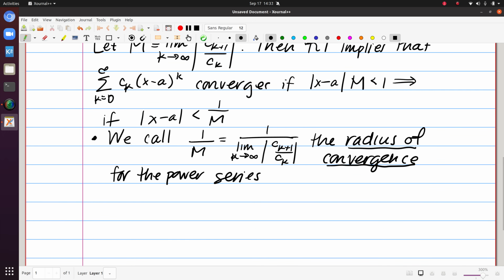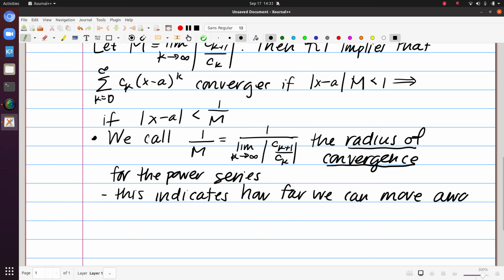We'll think about this when we look at examples, but thinking of the radius, this indicates how far we can move away from the center x equals a and still converge.